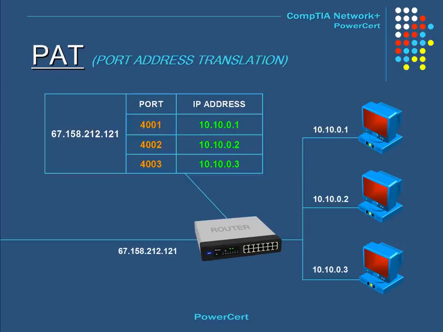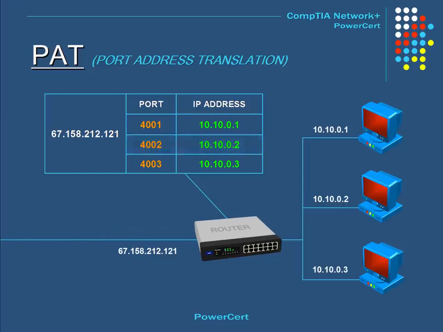Another version of network address translation is called PAT, which stands for Port Address Translation. Now this translates IP addresses based on port numbers. Each computer in a private network is issued not only a unique IP address, but also a unique port number.